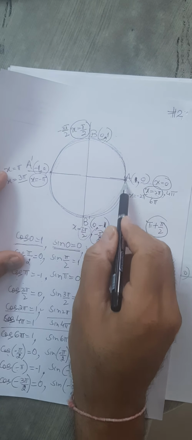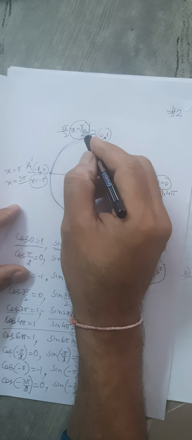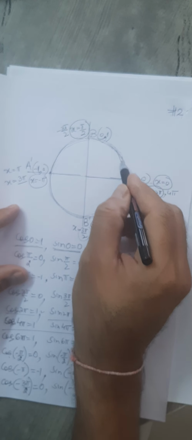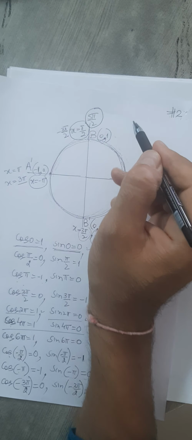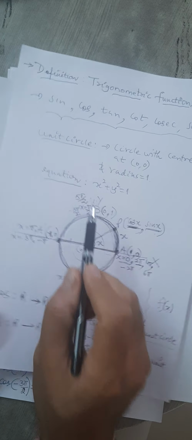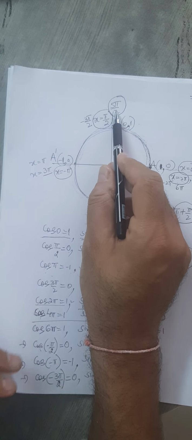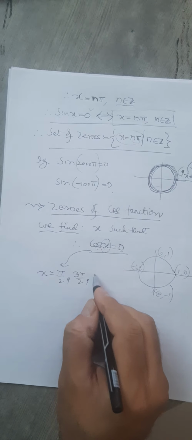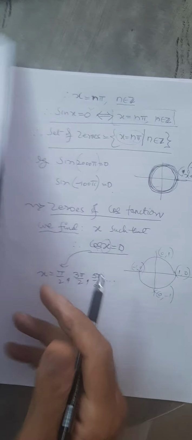Continue further. Here the first coordinate is 0, the first point was pi by 2. If you remember, after one rotation this becomes 5 pi by 2. You know very well. So here the first coordinate is 0, the arc length is 5 pi by 2.